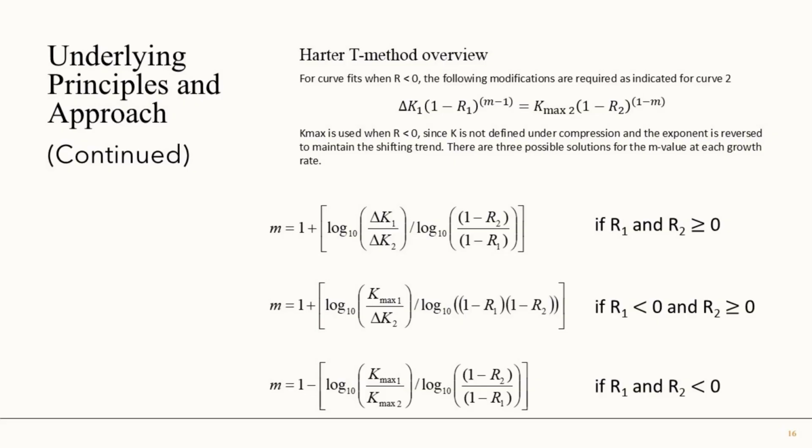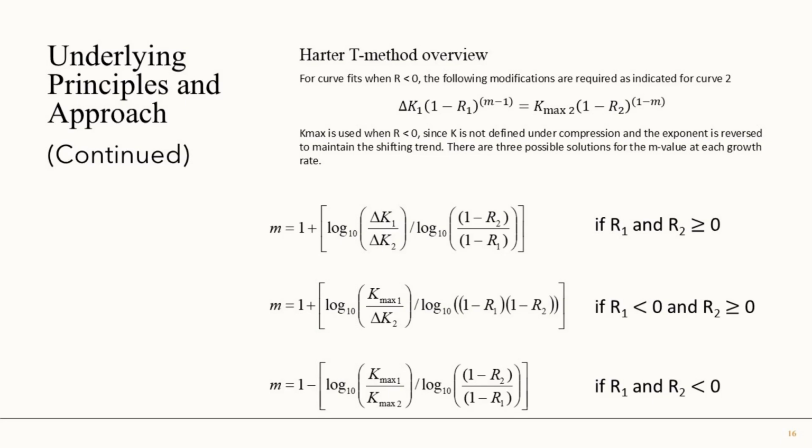And again, since we already talked about this, the m value has to be between 0 and 1. Again, that controls the amount of shifting. So when m is small, or as m goes to 0, the shift is large. And when m goes to 1, there is no shifting. So again, you can see those are clear limits.